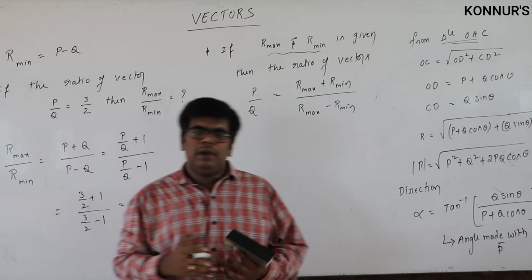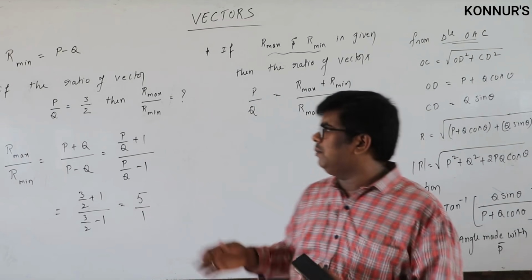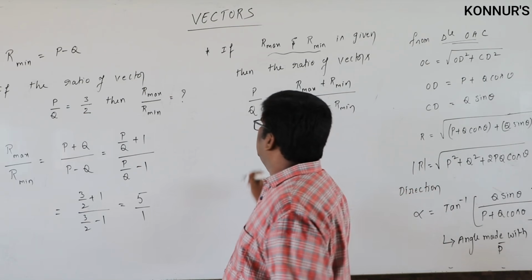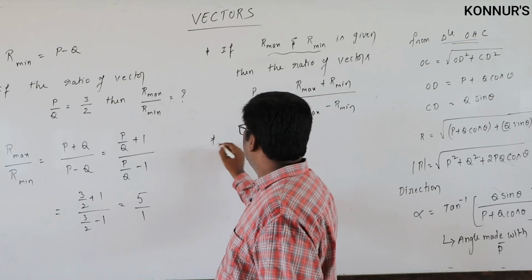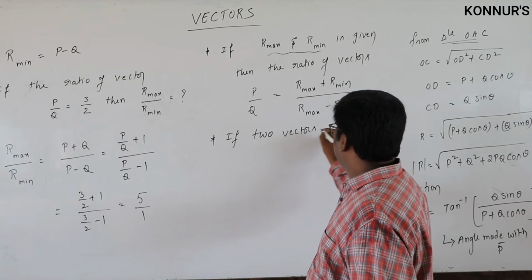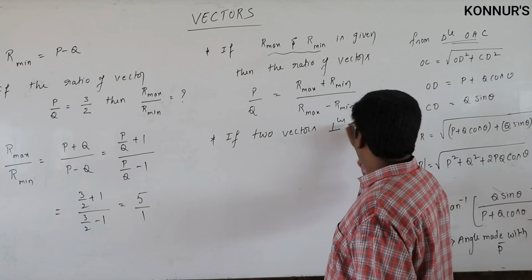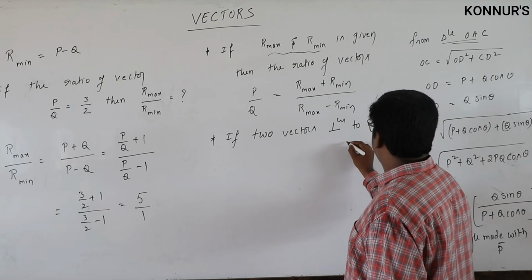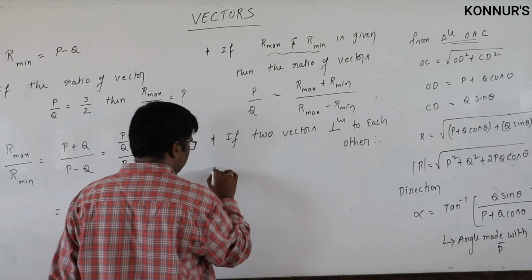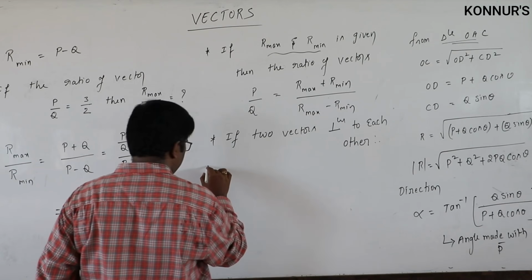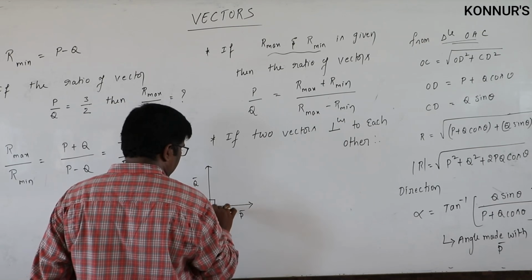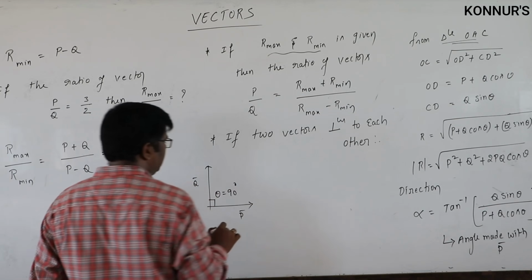Now we have discussed when two vectors are parallel and anti-parallel. Next case: if two vectors are perpendicular to each other, meaning the angle between them is 90 degrees, say p bar and q bar, then theta equals 90 degrees.